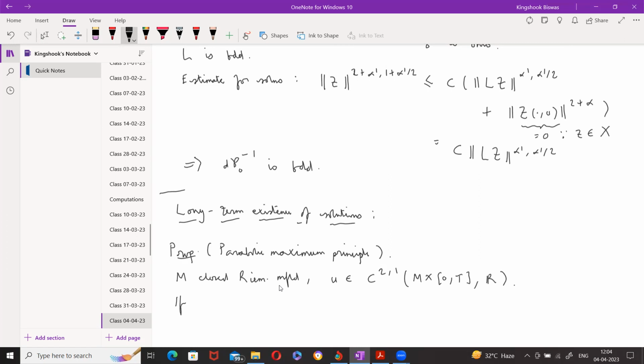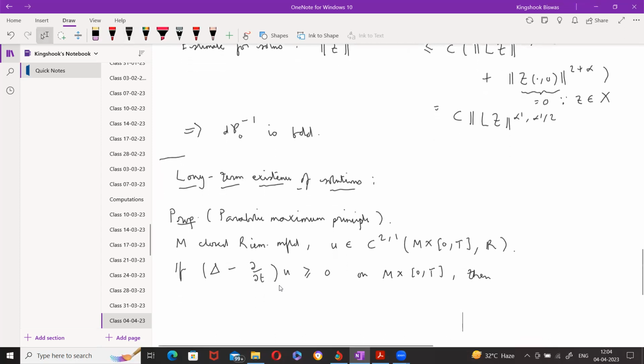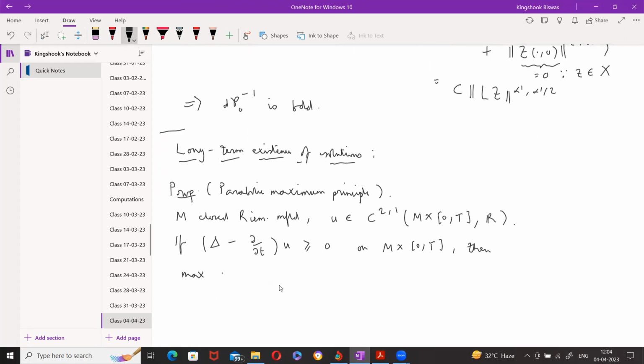Then if Laplacian minus ∂_t of u is greater than or equal to 0 everywhere, so on M cross [0,T], then the maximum of u over the whole domain, (x,t) belongs to M cross [0,T], is equal to just the maximum at time 0, u of (x,0). Okay. All right.